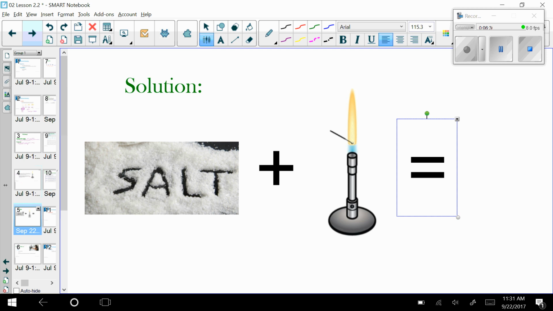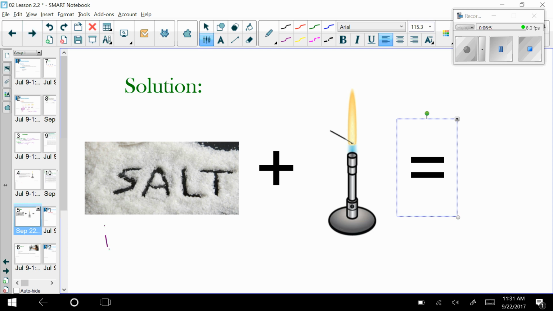So what do we know about a salt solution and the flame that it produces? So she tried it. There were no counterexamples. Every single solution she tried that contained salt, when she put it over the flame, it produced an orange-yellow flame.